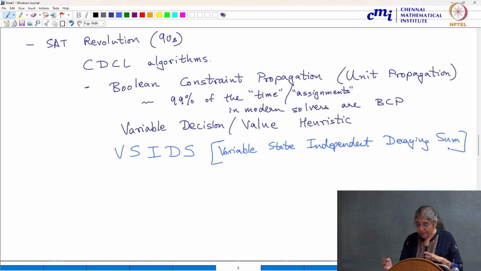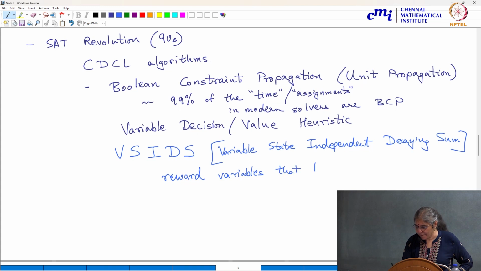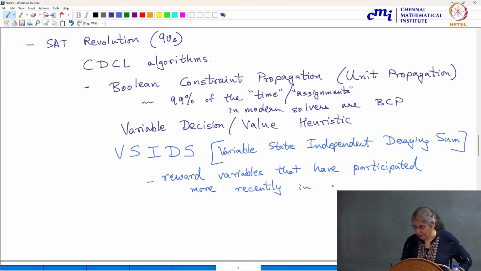Okay. Here is one heuristic which is used in almost all solvers today. And what does this do? It says reward variables that have participated more recently in conflicts.